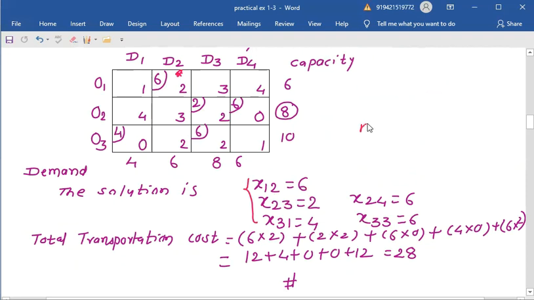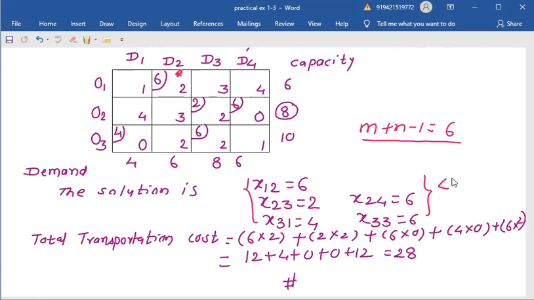But m plus n minus 1: m is the number of rows, n is the number of columns, 3 plus 4 is 7, 7 minus 1 is 6. So m plus n minus 1 is 6, and we are not getting 6 positive allocations.